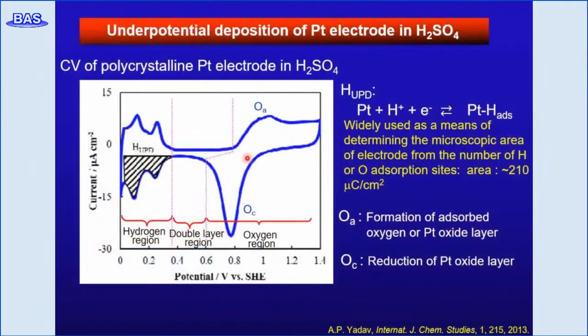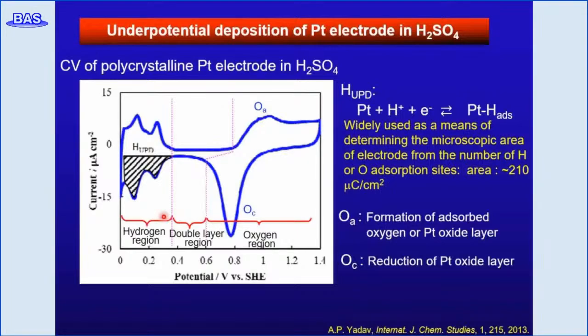I have to touch on the underpotential deposition of hydrogen or metal atoms on the electrode. As shown here, the polycrystalline platinum electrode in 0.5 molar sulfuric acid. When the potential was scanned to the cathodic potential direction, 2 peaks for hydrogen adsorption and desorption were observed in the CV.